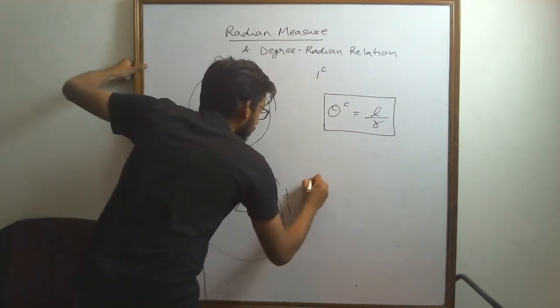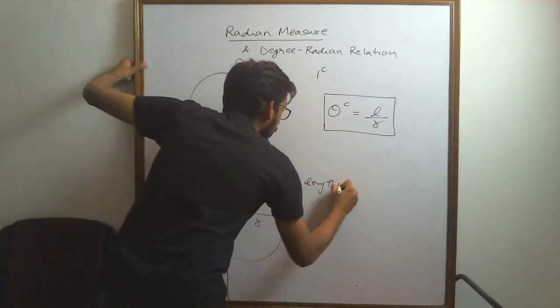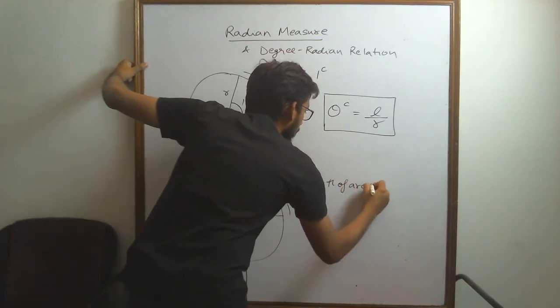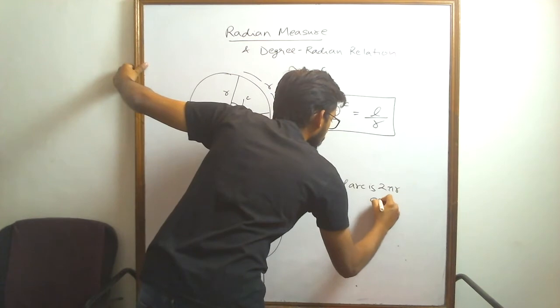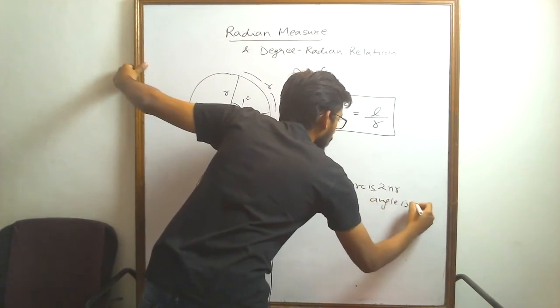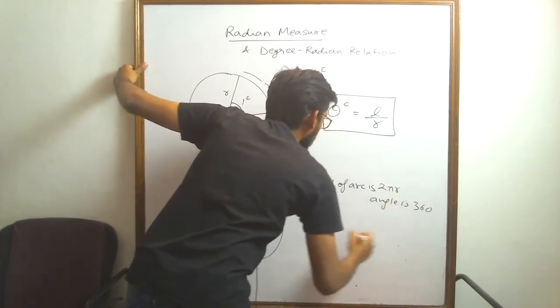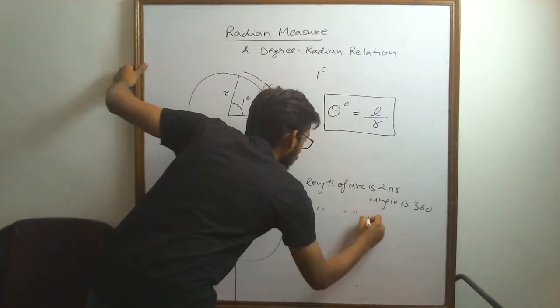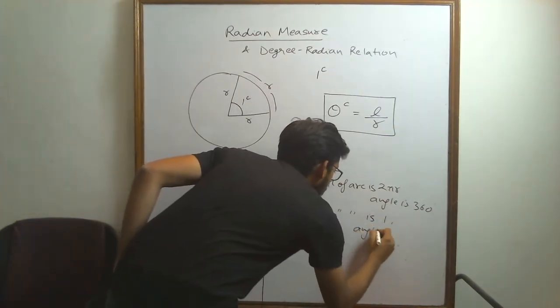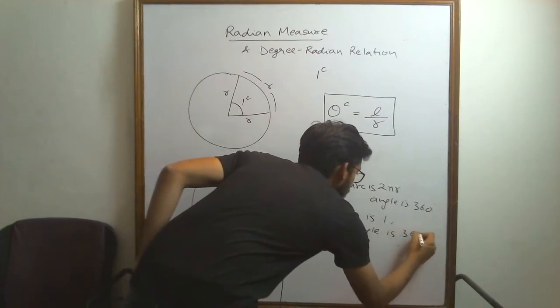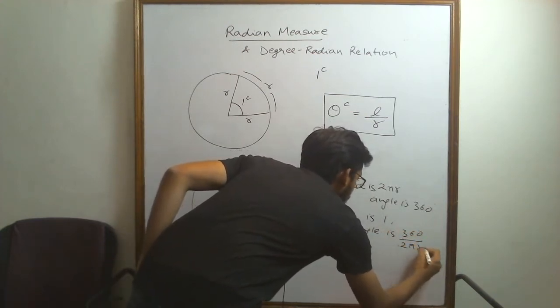So when length of arc is 2 pi r, angle is 360 degrees. So when length of arc is 1 unit, angle subtended is 360 by 2 pi r.